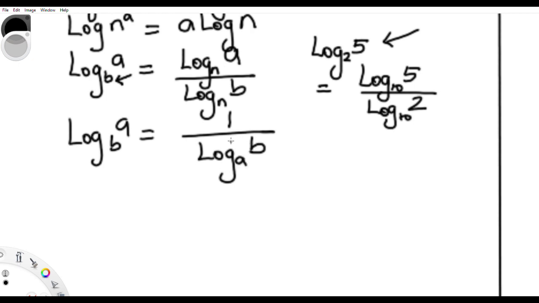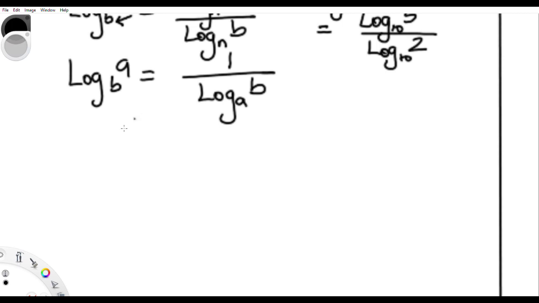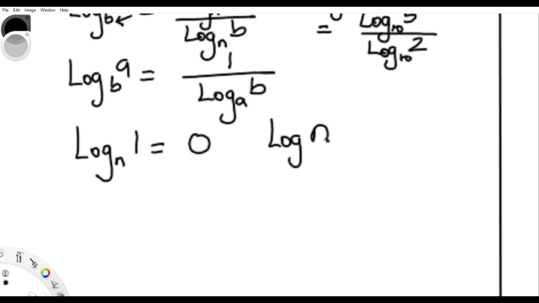Okay, we have also log of 1 to the base of any number to be 0, and likewise log n base n equals 1.